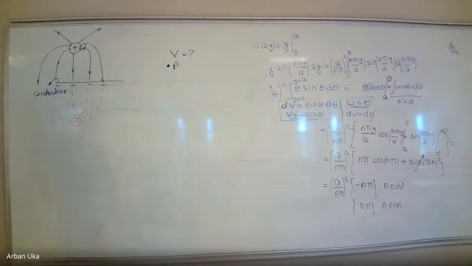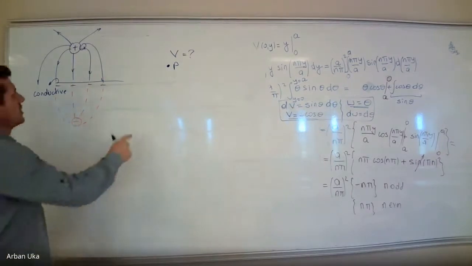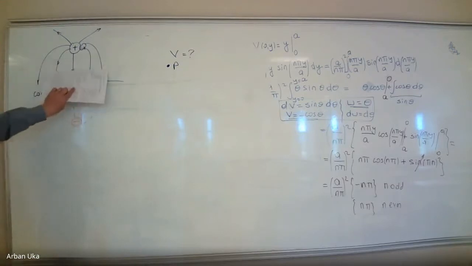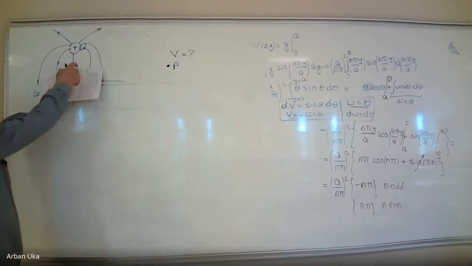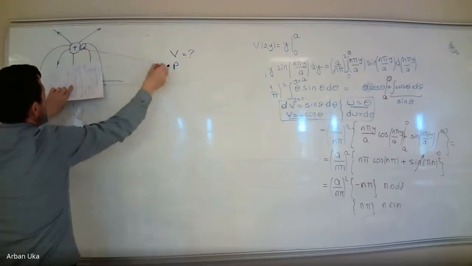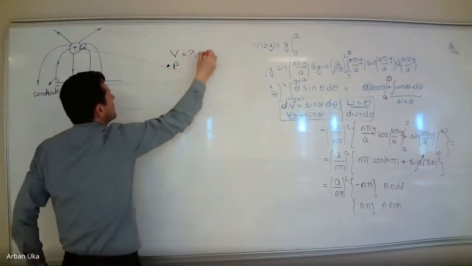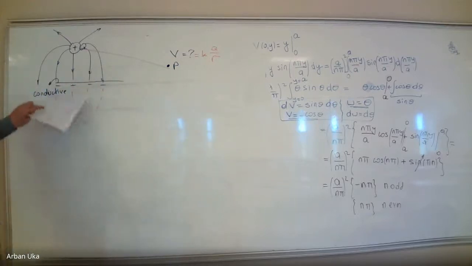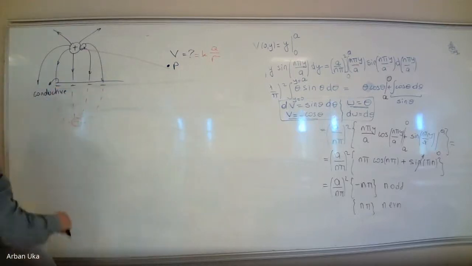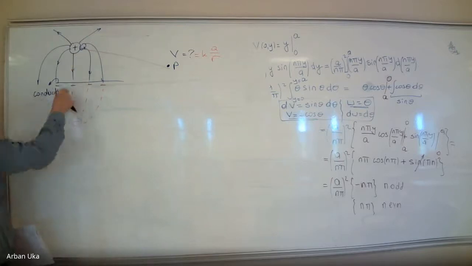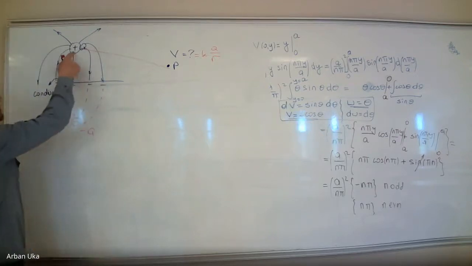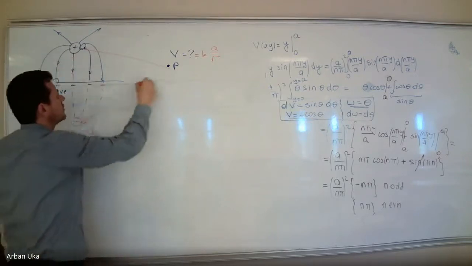So in order to find the potential at some point P, if we did not have the conductive layer, it would be easy. We'll just find this distance, and this would be equal to KQ over R, that's it. But now we have the conductive layer, and the problem is equivalent to having plus Q and another charge with the same magnitude, minus Q. Now, if you want to find the potential at point P, we have to consider the contribution from here and the contribution from here.